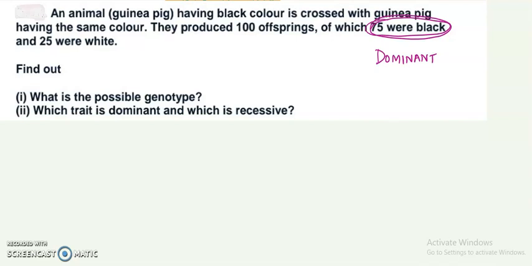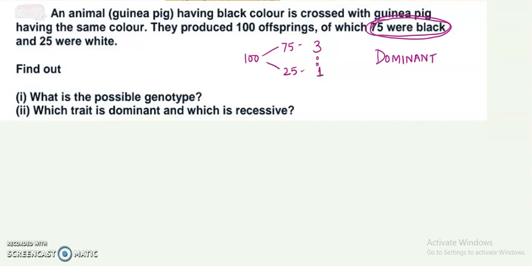So 100 offsprings were received, out of which 75 were black colored and 25 were white. If you check the ratio of 75 and 25, it is approximately equal to 3:1.